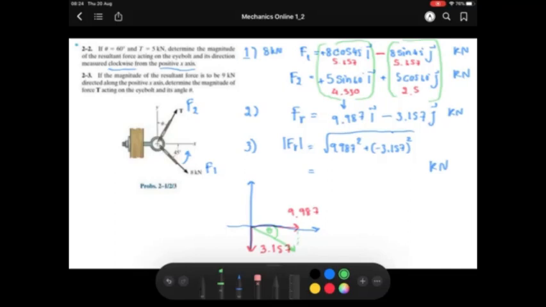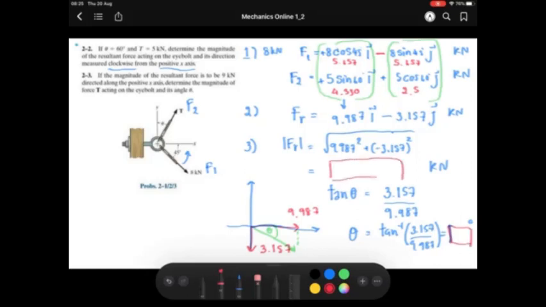You can write tan theta equal to 3.157 over 9.987, and then take the arctan of this term, and hopefully your calculator does not betray you. And that's it. You should get the answer by yourself for this one.